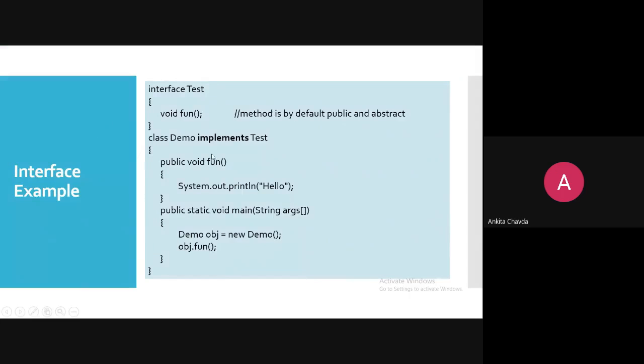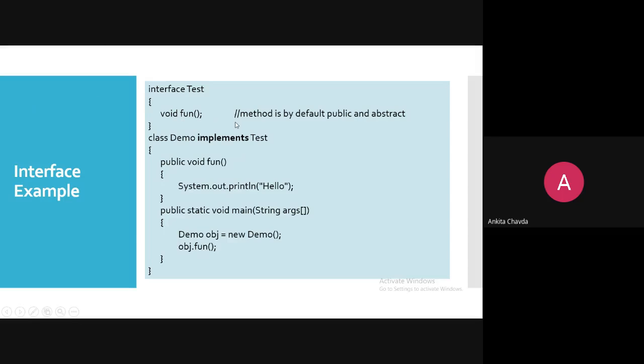One simple example, again I'm repeating: to make an interface, you have to use the keyword interface and then the interface name. All the methods you declare are by default abstract, and the modifier is public. So all the methods will be completely unimplemented.